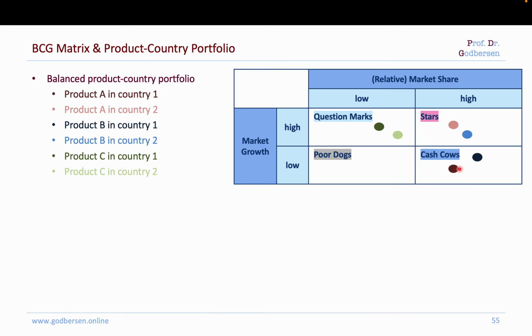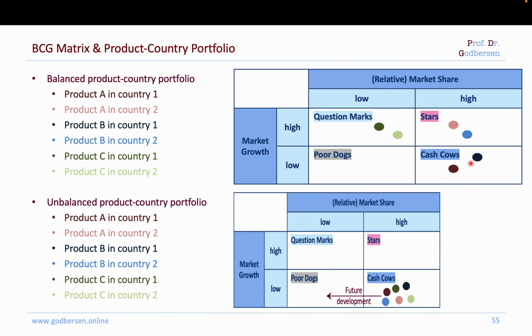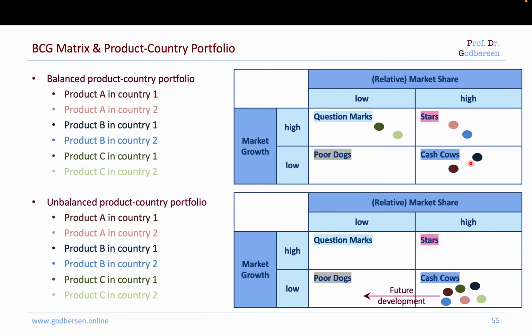So that is a healthy portfolio. Now one could say, wait a minute, that is not so great. Why don't we all have cash cows or all stars? That is a bit of a problem. That is called an unbalanced product country portfolio. Because if you have all your product country combinations in the cash cow quadrant, sooner or later they will move to the poor dogs, and then unfortunately your company will go bust.